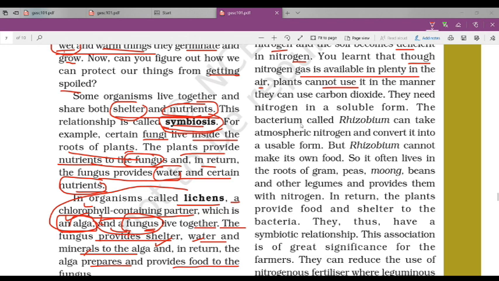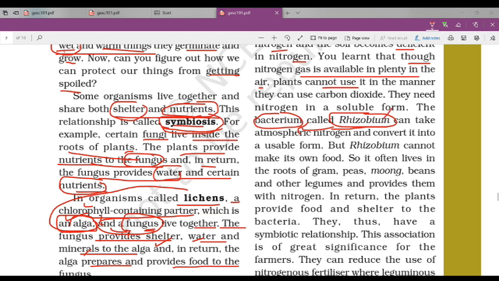So how are the plants getting this nitrogen? There is a bacterium and its name is rhizobium. Bachcho, please remember this name. Rhizobium is a bacterium which helps to get nitrogen into the soil, and plants absorb it.